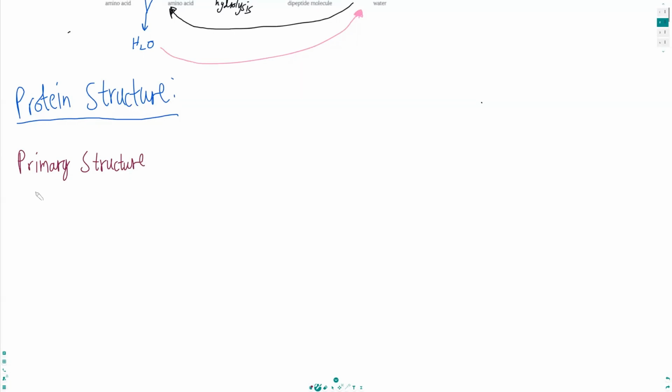The primary structure is simply the sequence of amino acids.